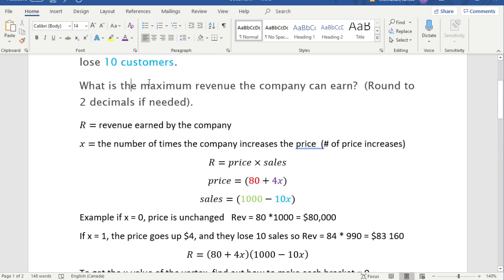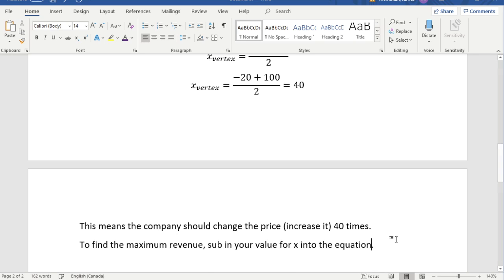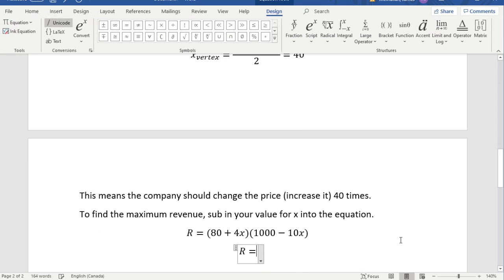Now it says, what's the maximum revenue they can earn? So to find the maximum revenue, sub in your value for x into the equation. So revenue was equal to 80 plus 4x times 1000 minus 10x. That's what our revenue was. Now, when you sub in the number, you put the 40 in there, and you put the 40 in there.